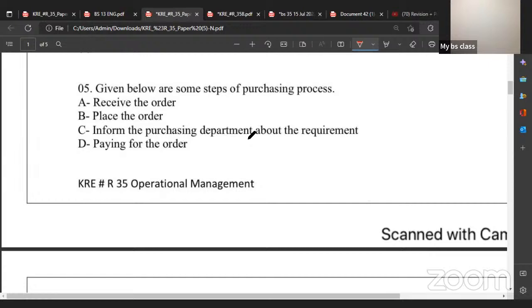Now you might be from a different background, different departments. For example, the HR department needs some stationery, so they inform the purchasing department, right? When you come to the production department, materials, equipment, machinery. So that is, generally, in a large organization. Yes, so you inform the purchasing department, and they will be placing the order.